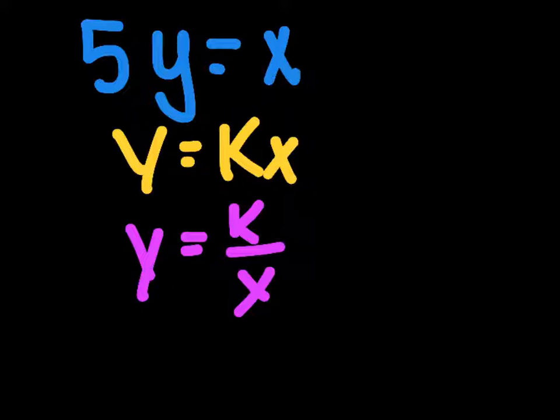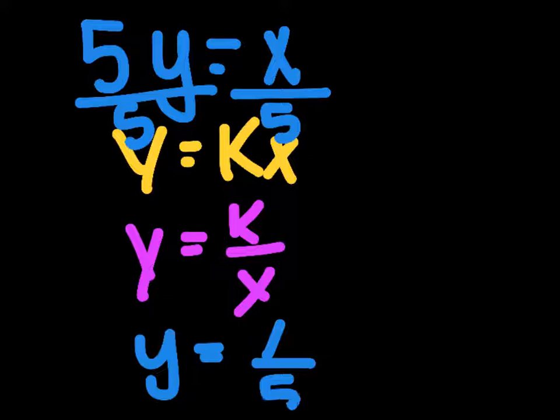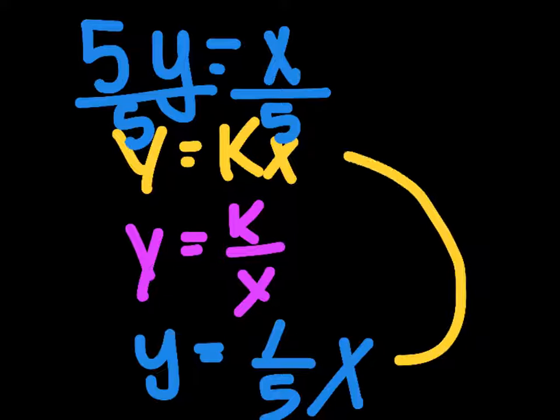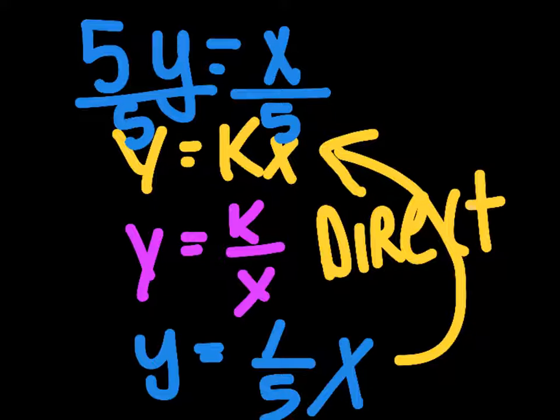So we're going to solve for y, and we'll divide by 5, so now y equals 1/5 times x. And we see that that goes into y equals kx. So we know that this is an example of direct variation.